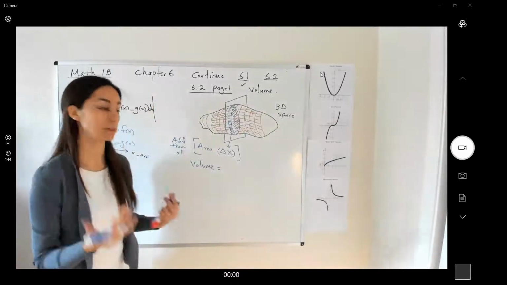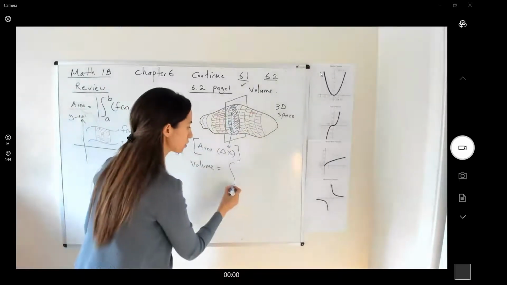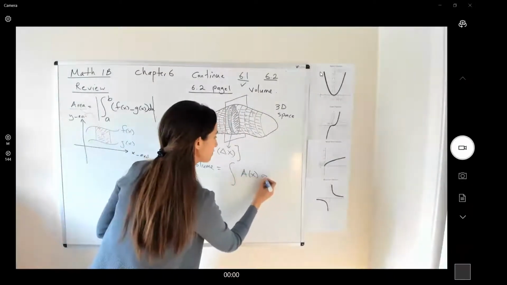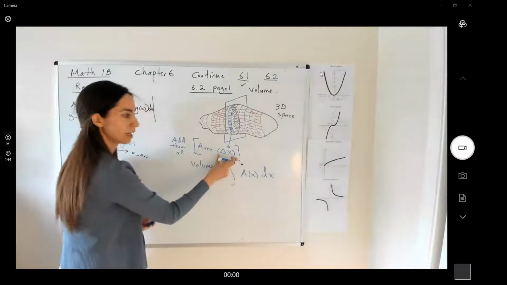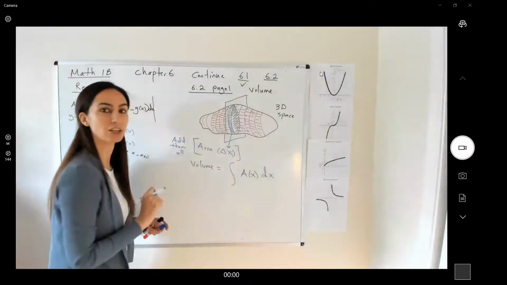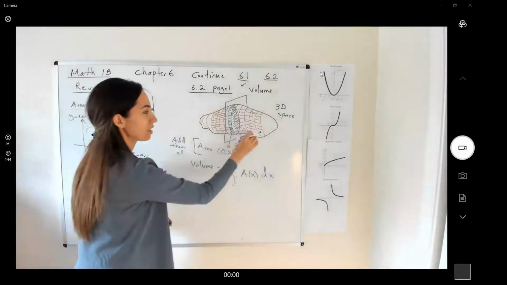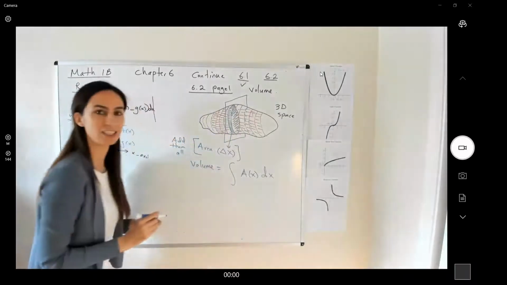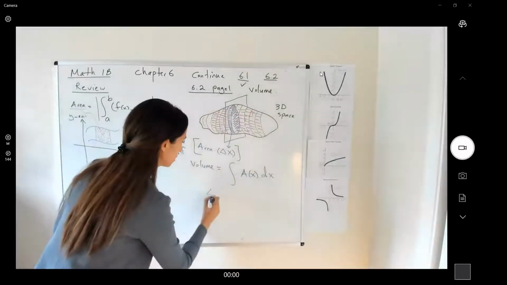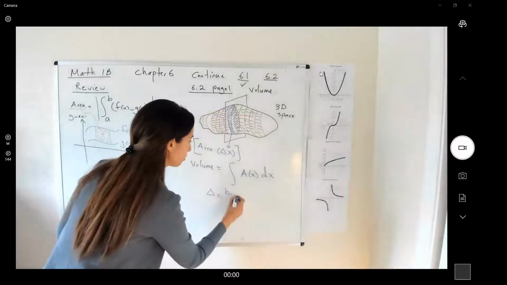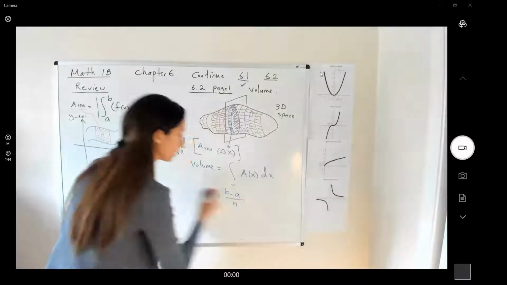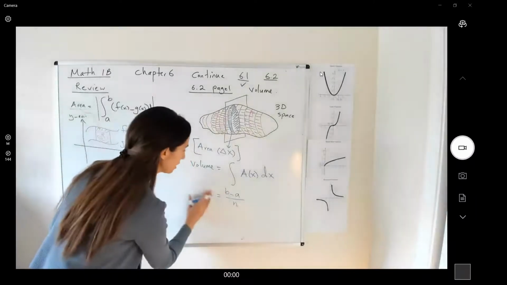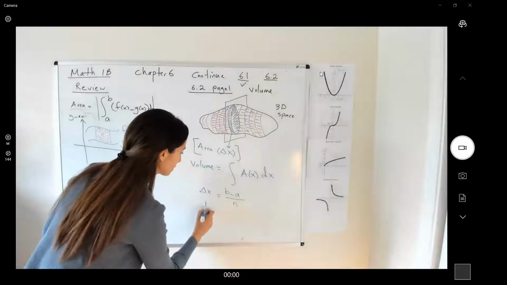So volume can be defined as the integral of the area dx. When you take the limit of delta x, these little thicknesses are getting very small, it's denoted by dx. Remember that delta x was b minus a divided by n. When n goes to infinity, your delta x is dx.